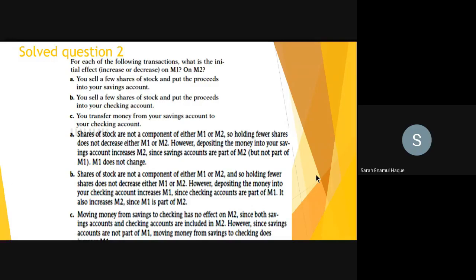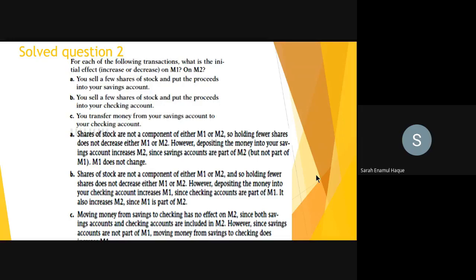You sell shares of stock, and you are putting the money that you get back into your checking account. Remember, checking account is part of M1, so obviously M1 will increase. But at the same time, M2 will also increase. Why? Because M2 is M1 plus the remaining. So if M1 increases, naturally M2 will also increase. Both M1 and M2 will increase. This is the answer of this question.